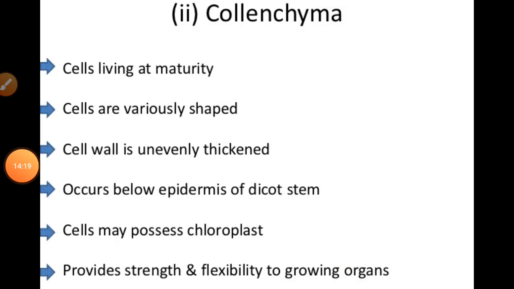And generally the collenchyma is thickened at its corners, right? Why are they thickened at their corners?